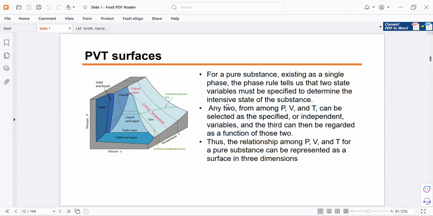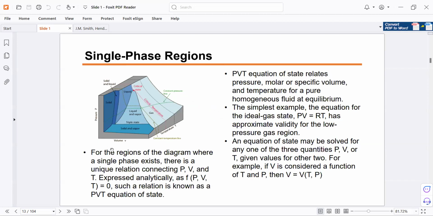Fixing any two would automatically give us the third property. So the third property is a function of those two. That's why we can represent P, V, and T on a 3D surface. This is just a mathematical representation of that.